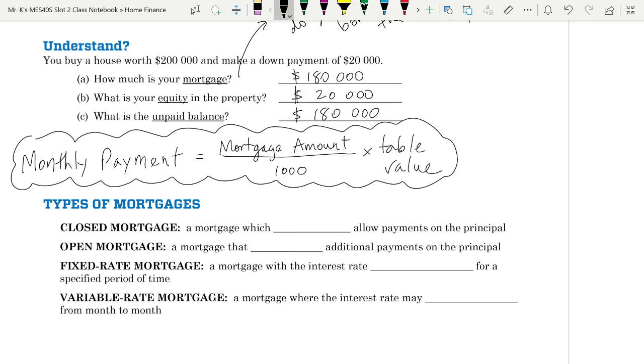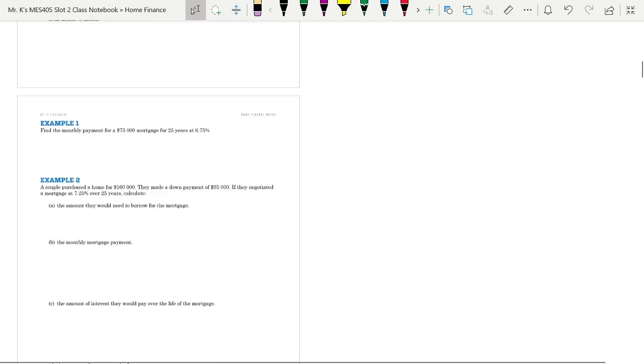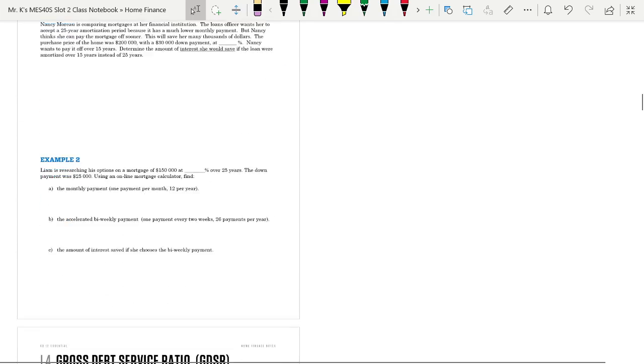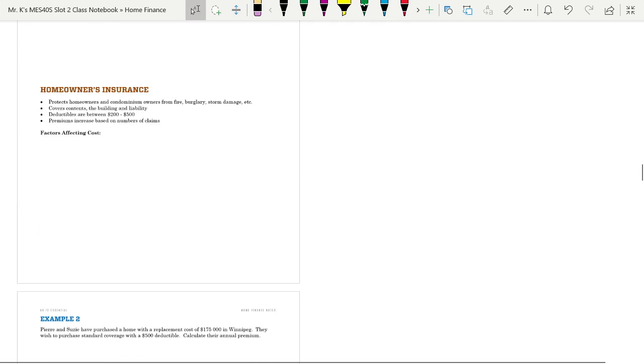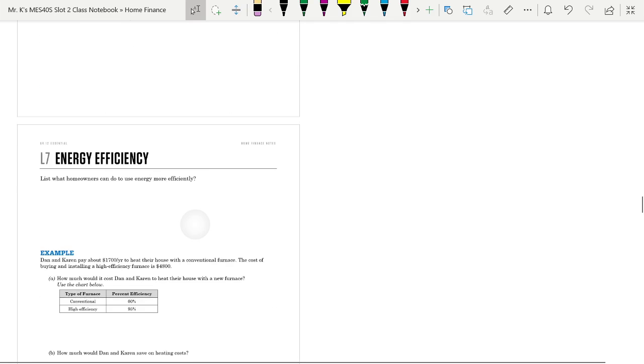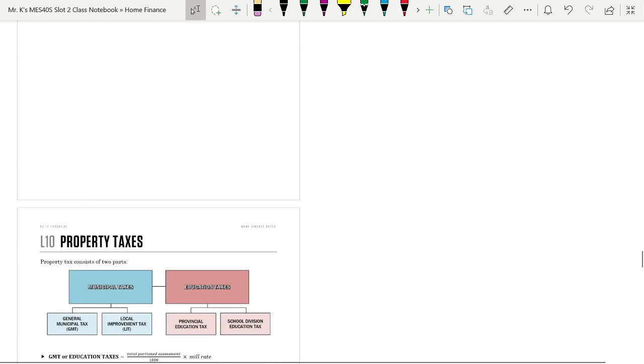The table, this chapter has more than one table though. This is actually, I think in your notes, table 6. Let me just make sure I'm not lying about that. At the end of the booklet, let's see.